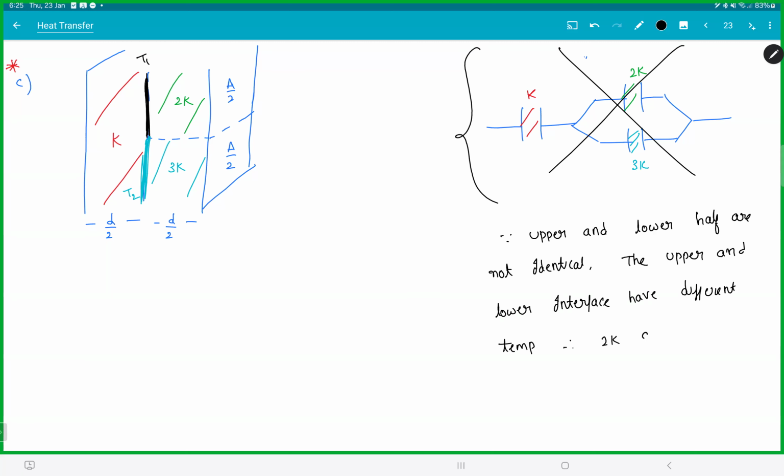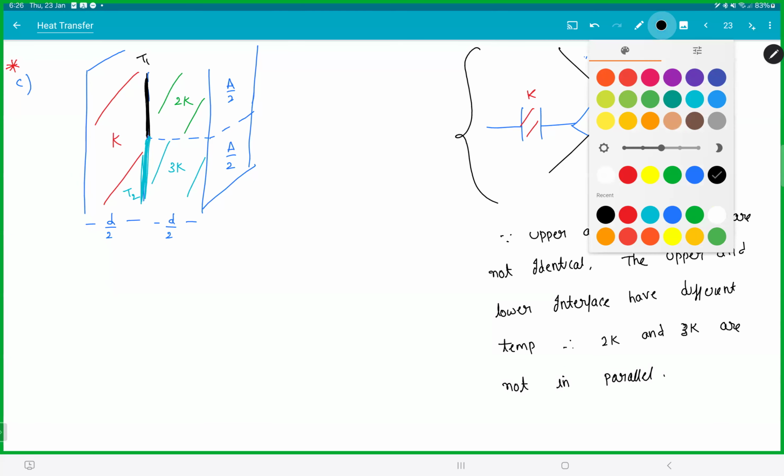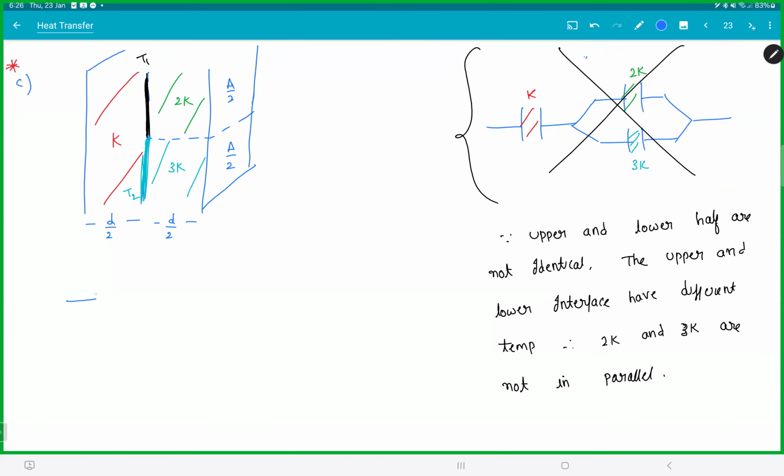Therefore, 2K and 3K are not in parallel. That is the thing. Then how to do it? Can I split this into 4 pieces?